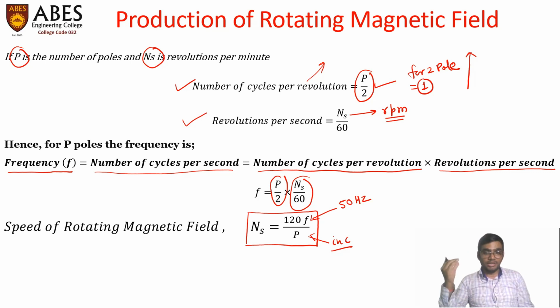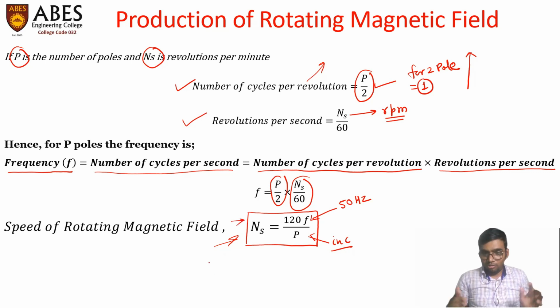As we increase the number of poles 4, 6, 8, 10, and so on, the time taken to complete one revolution will increase. The same conclusion can be derived from this relation also: if we increase the number of poles, the speed will reduce, RPM will reduce.